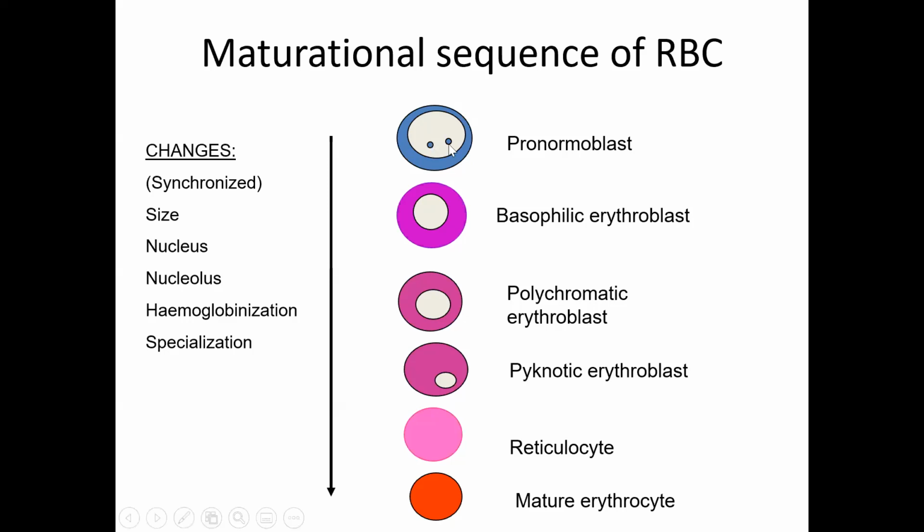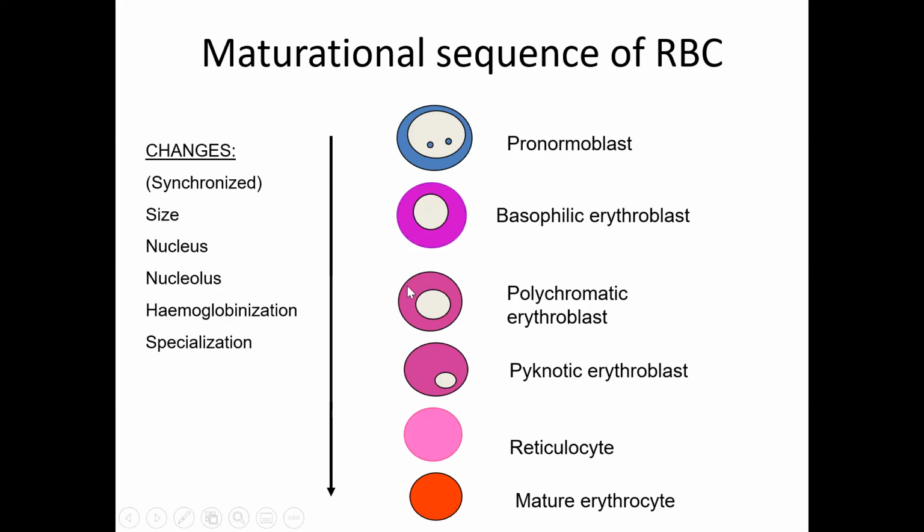As the pronormoblast matures through division, you now get your basophilic erythroblast. It is basophilic, meaning that it starts getting some mild pinkish hemoglobinization. The nucleus is even smaller than that of the pronormoblast, and you will notice there are no nucleoli in this cell.